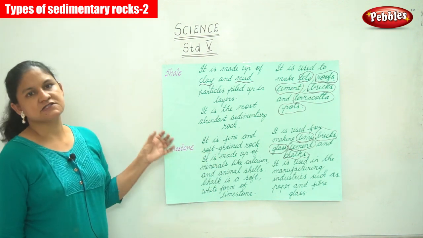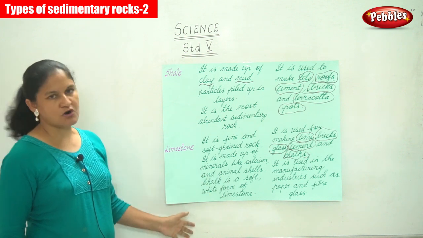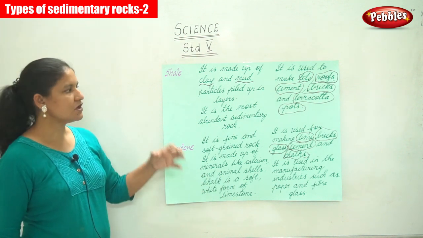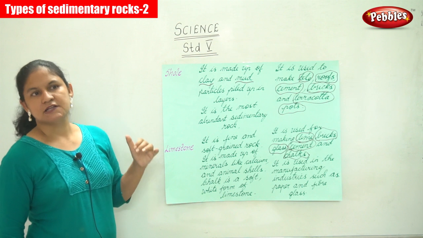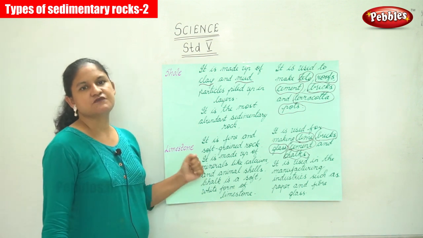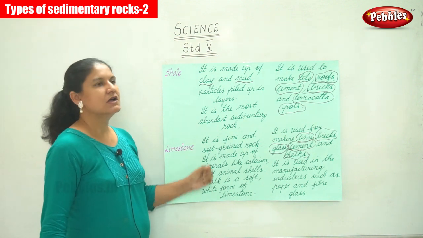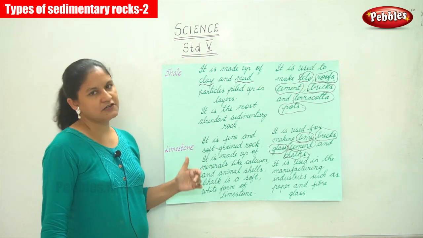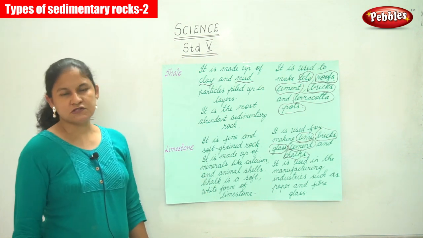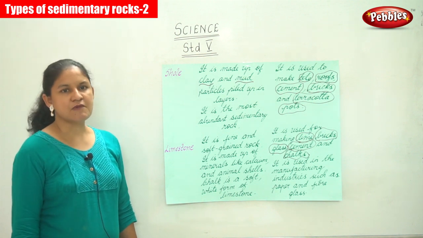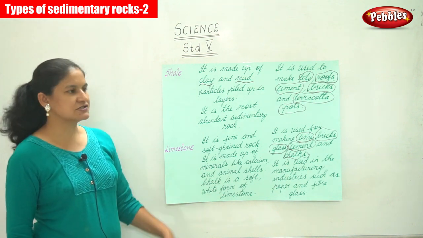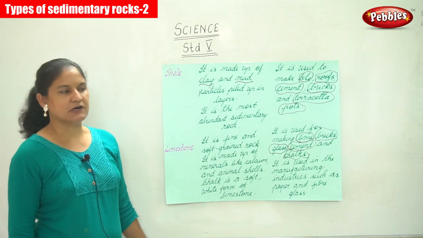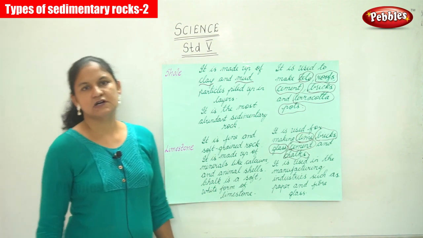Chalk is a soft white form of limestone. What is it used for? The limestone is used for making lime, cement, bricks, glass and chalks. It is also used in the manufacturing industries such as paper and your fiber glass.